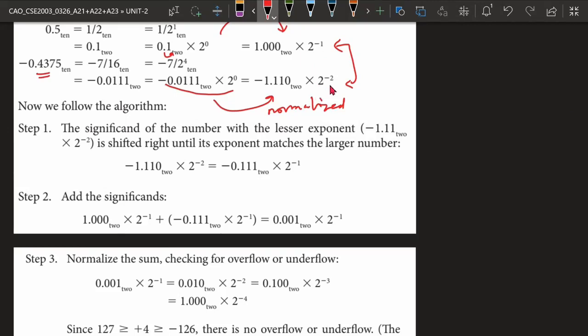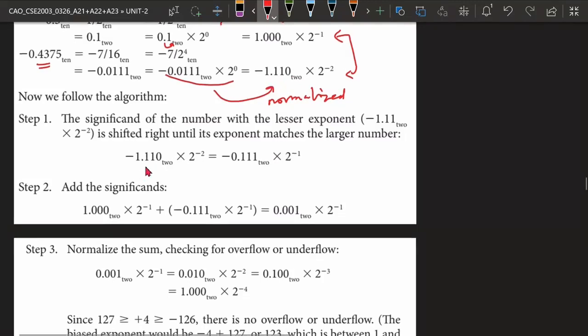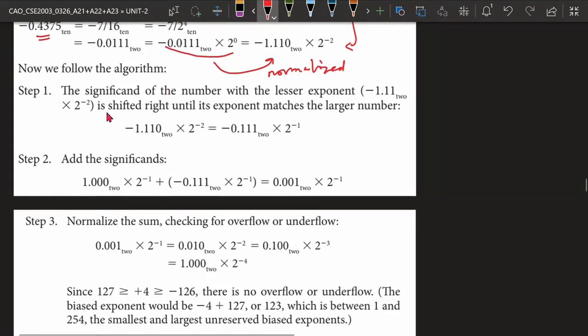So we shift the significand of the number with the lesser exponent, 2 to the power minus 2, to the right. We shift its digits to the right side, or the binary point to the left, until its exponent matches the larger value.